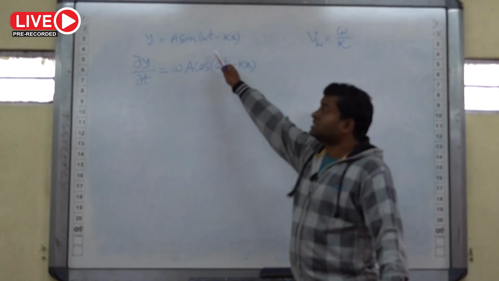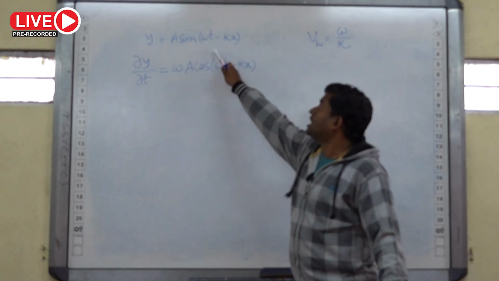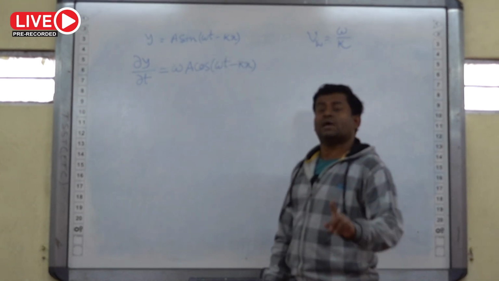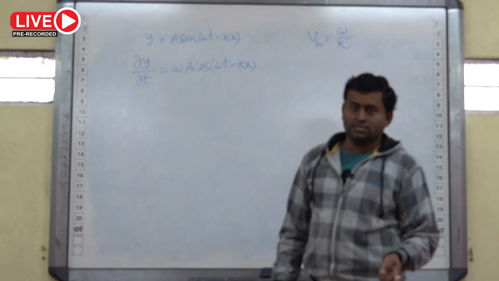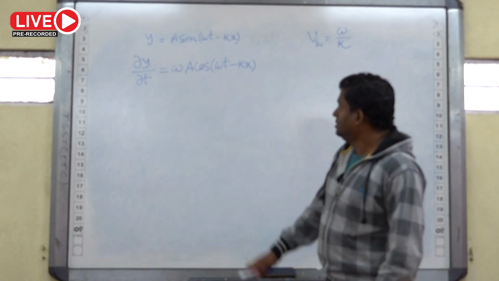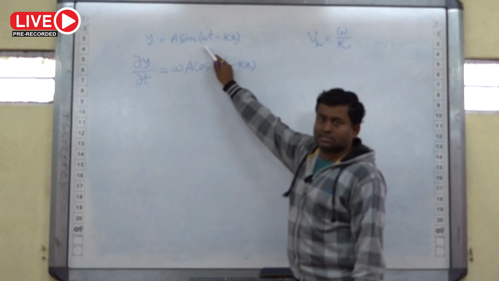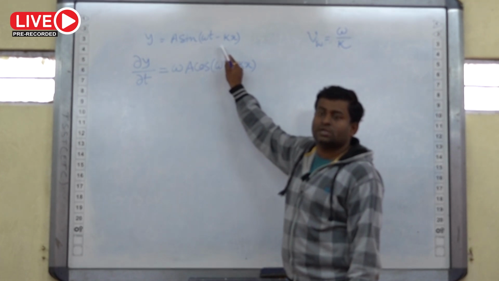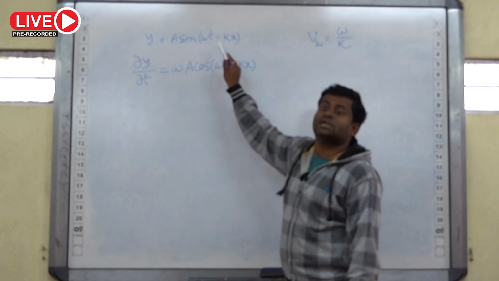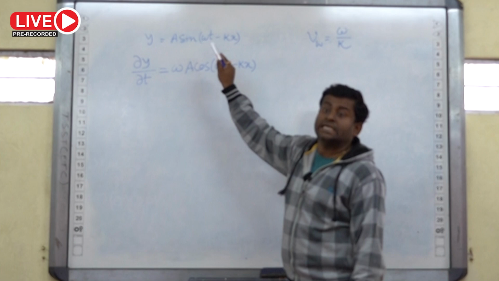But we are differentiating with respect to time, and the argument is omega t minus kx, so we calculate the derivative of the argument and multiply. This comes from the chain rule. Its derivative will be omega, and the kx part becomes constant since we are taking the partial derivative with respect to t.